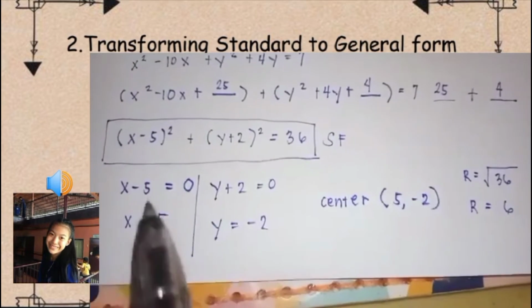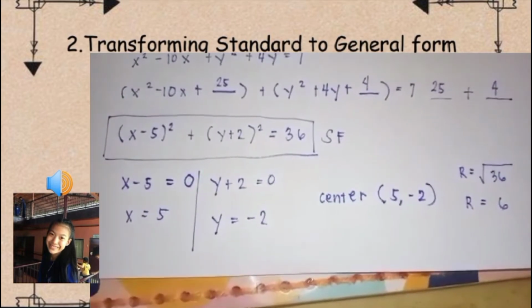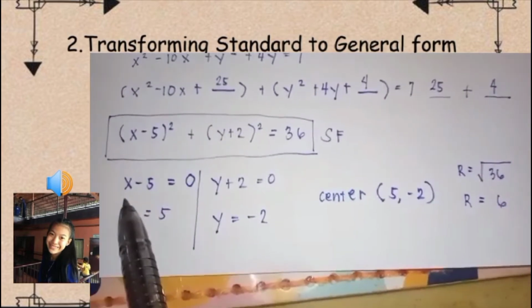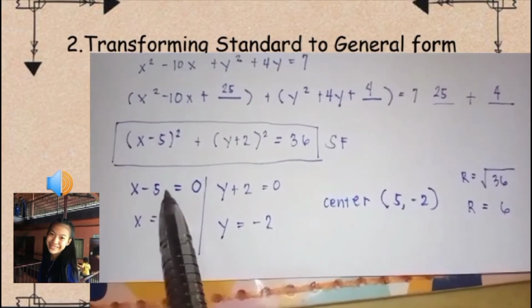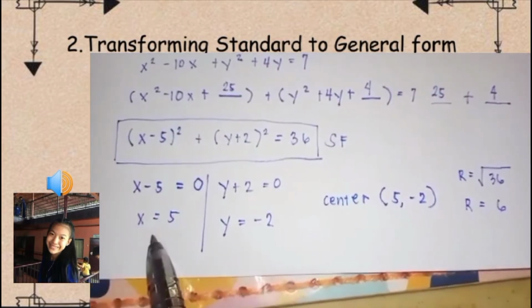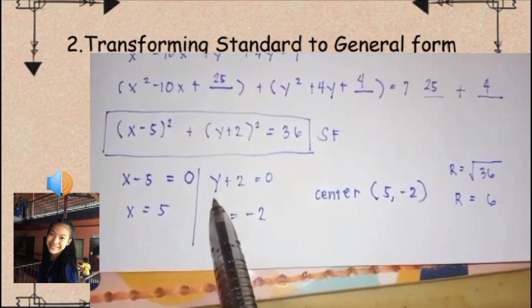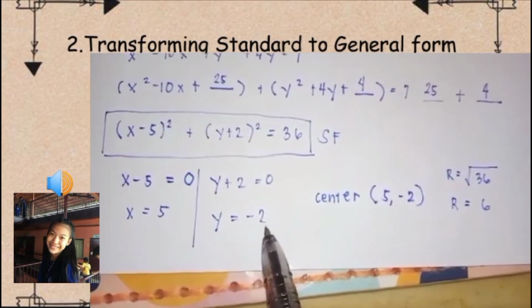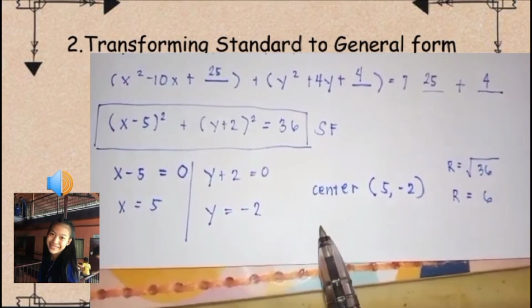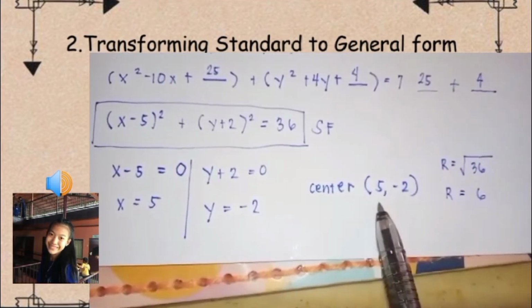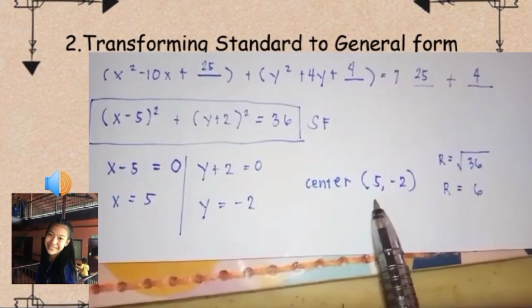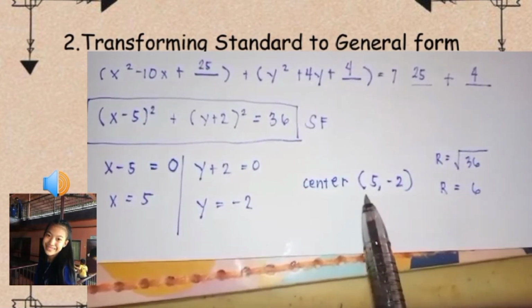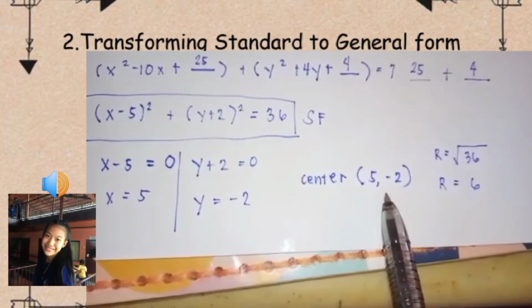Now find the center and the radius. The center is (h, k). So let's get x minus 5 equated to 0, so x is equal to positive 5. And y plus 2 is equated to 0, so y is equal to negative 2. Now the center is (5, -2), where h is positive 5 and k is negative 2.